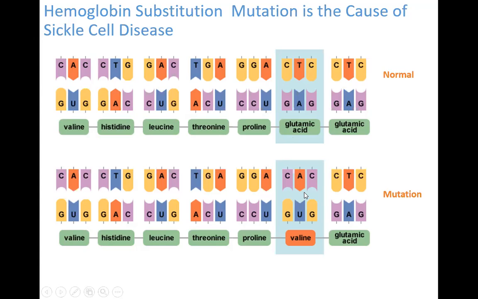So substitution mutations can be very critical. Sometimes they're not. Sometimes it doesn't matter. Sometimes we don't even notice it. Either we fix it or destroy it, or it actually codes for the same amino acid we wanted to begin with. But sometimes it's pretty significant.